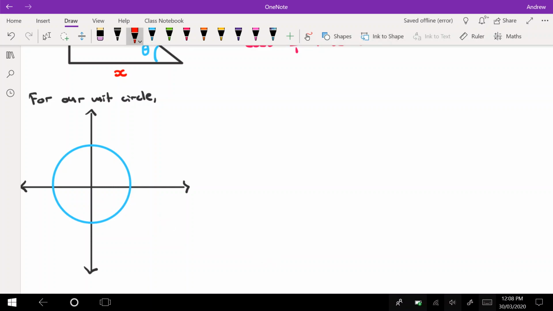And we could say that this here is your radius of 1, and then that's your y, and then that's my x.